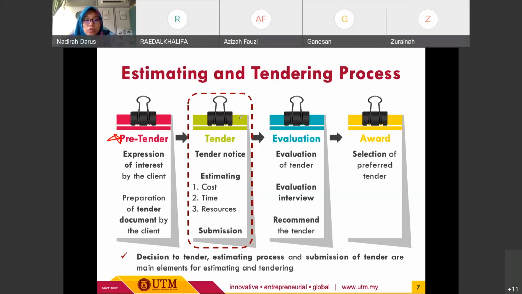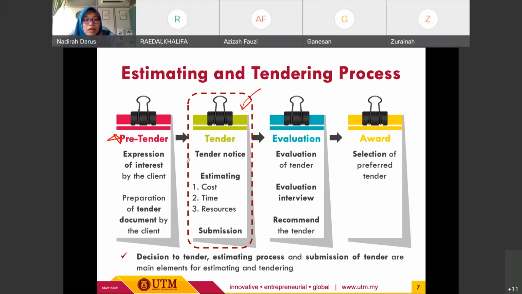The most important thing I want to highlight is this stage. After the pre-tender stage, once the client has expressed their interest and objective for the proposed project, they will come out with the tender document to be filled in by the tenderer or contractor.